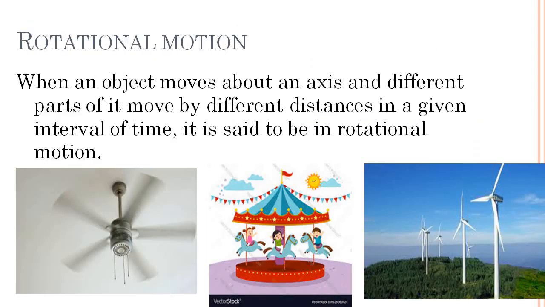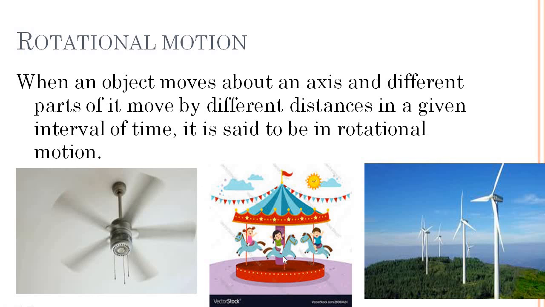Now coming to rotational motion. When an object moves about an axis and different parts of it move by different distances in a given interval of time, it is said to be in rotational motion. As you can see in the picture, this fan is in rotational motion.